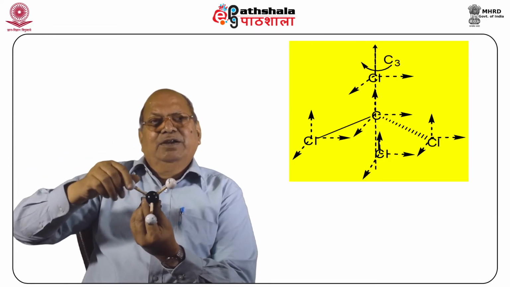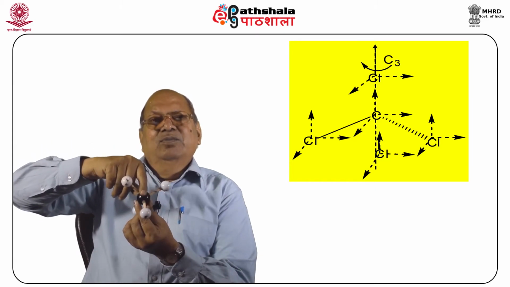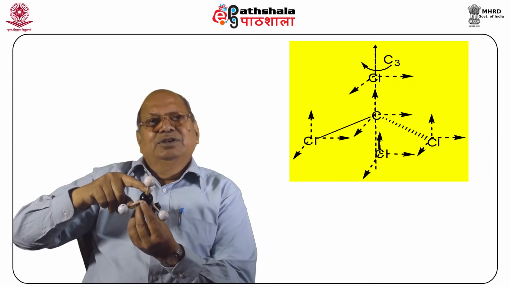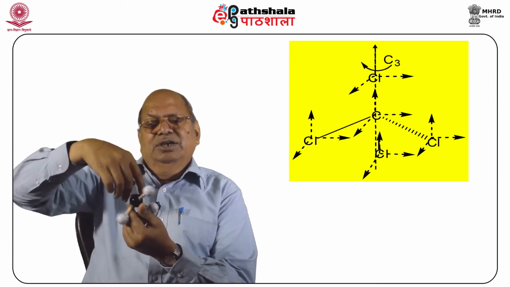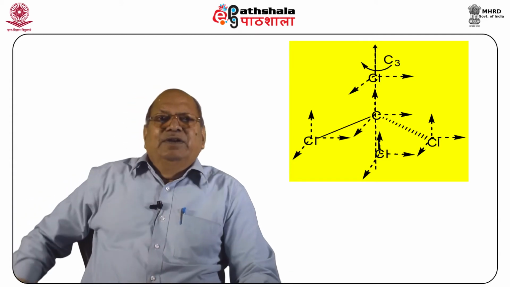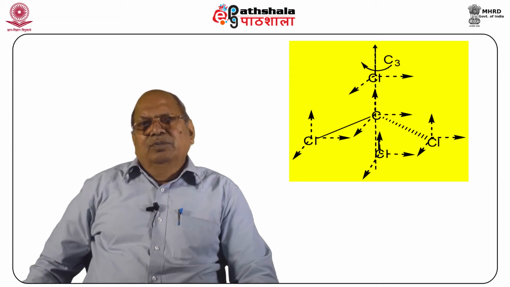Now if I carry out a C2 operation like this, how many atoms are not shifted? Only 1 atom is not shifted. These and these are interchanged. So like this, I can study the effect of symmetry operations on this molecule.